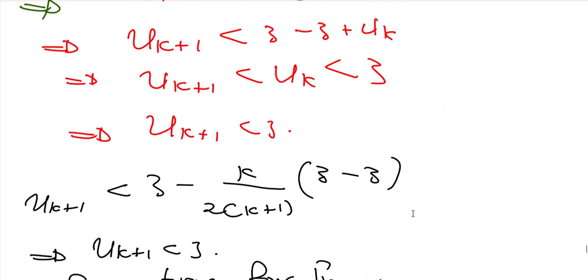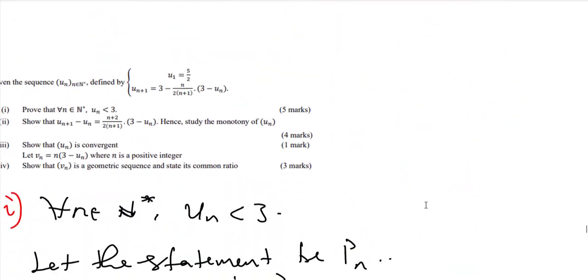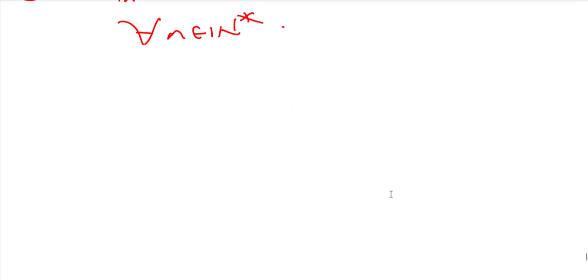Okay, so let's take the Roman 2 part of the question. The Roman 2 part of the question says, show that u_{n+1} minus u_n is equal to what is on the screen. Okay, so let's recall our definition of u_{n+1}.